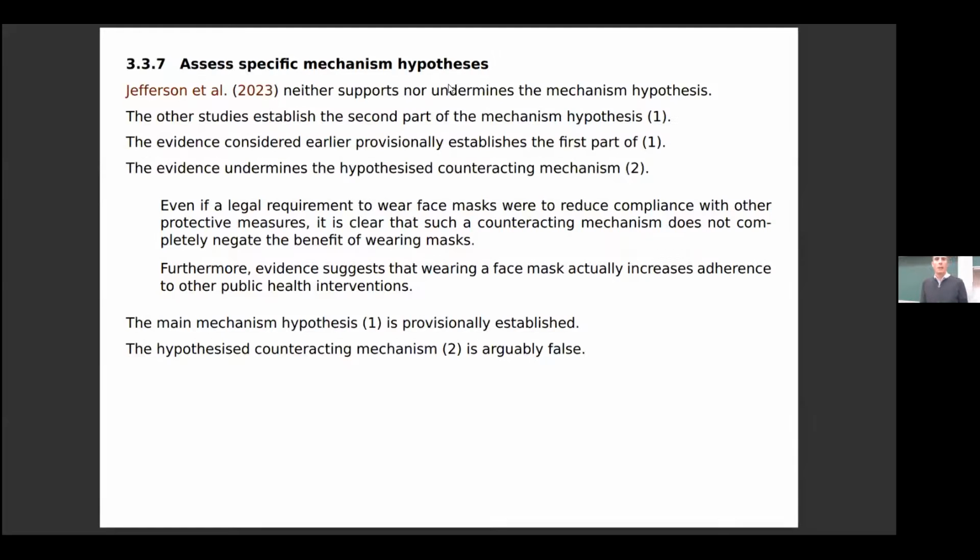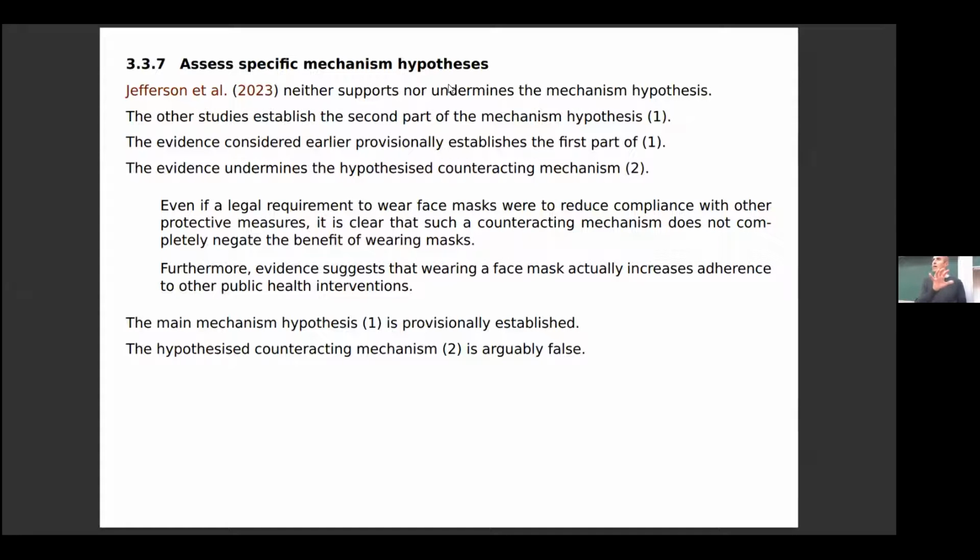So we would say here that the second part of the mechanism hypothesis, that using face masks leads to an overall benefit, is established by the mechanistic studies. When we looked at the intervention claim, the first part of the mechanism hypothesis, which is that imposing a law leads to compliance, was provisionally established.